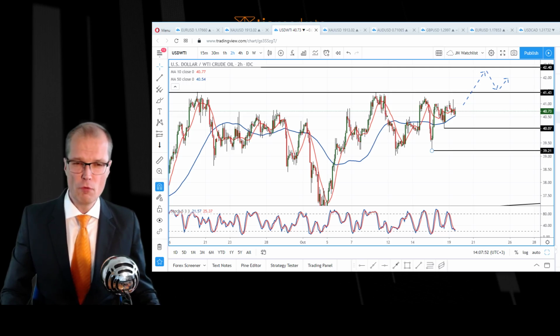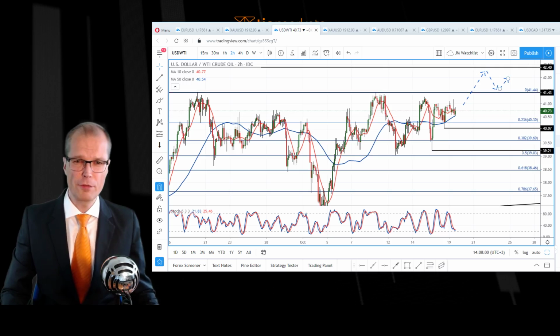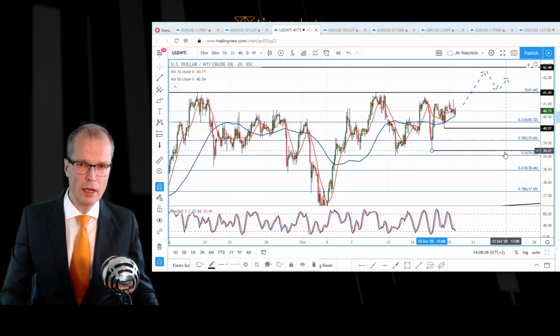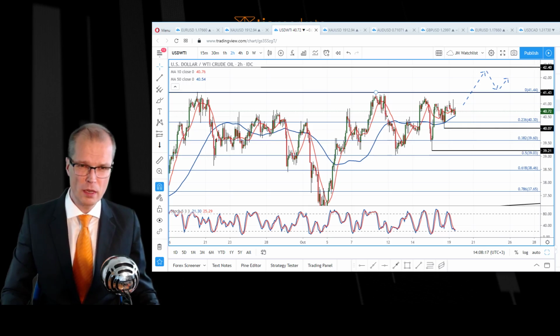It's also very close to this support. But if we look at the Fibonacci levels, we do have 38.2, not that far away from the 39.20 level.